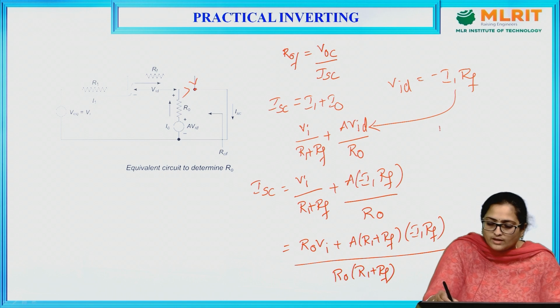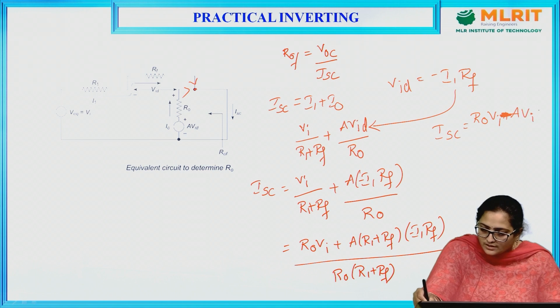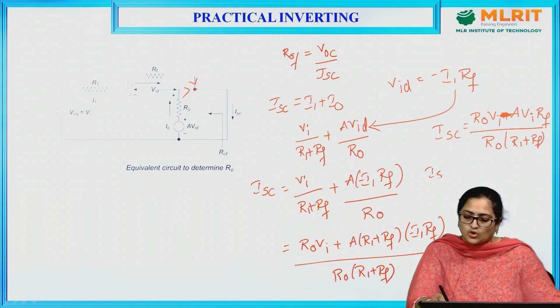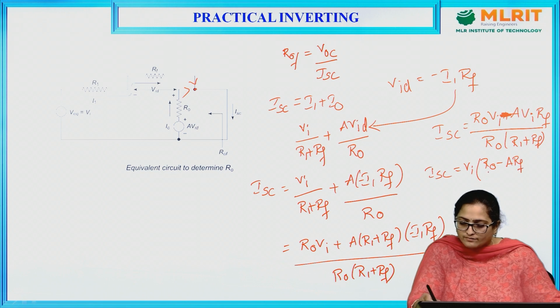So you can rewrite this ISC as R0 into VI minus A into VI into RF, divided by R0 into R1 plus RF. So you can finally write the short circuit current ISC is equal to VI into R0 minus A into RF, divided by R0 into R1 plus RF.